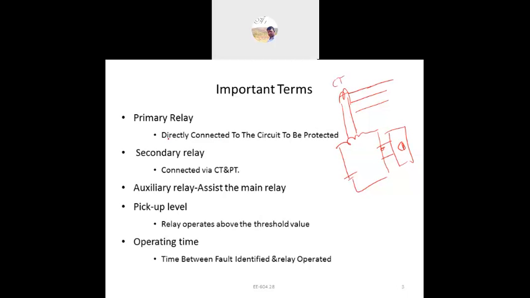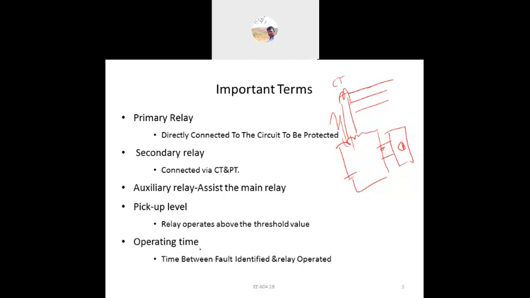That is the primary relay. The secondary relay is also connected to the CT and PT, but through a different connection. Next, the auxiliary relay is the protection for the primary: if the main system fails, the backup is the auxiliary relay.